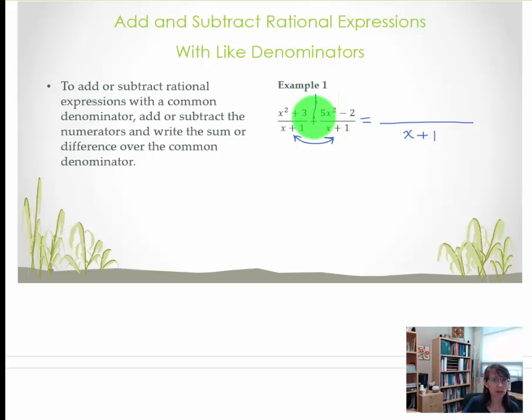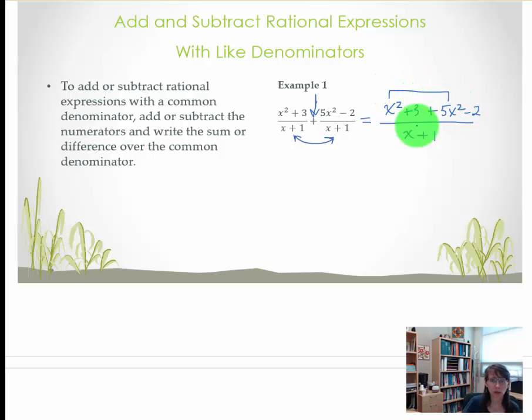What we're actually doing for this problem is adding. So we have this quantity of x squared plus 3 added to 5x squared minus 2. If you have any common terms or like terms in this numerator, they need to be combined.